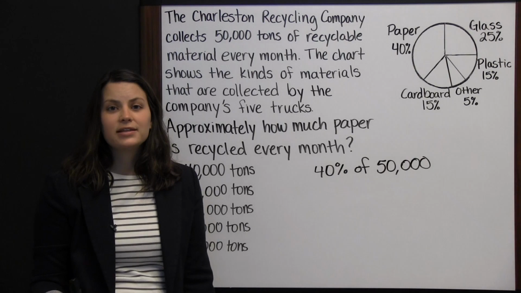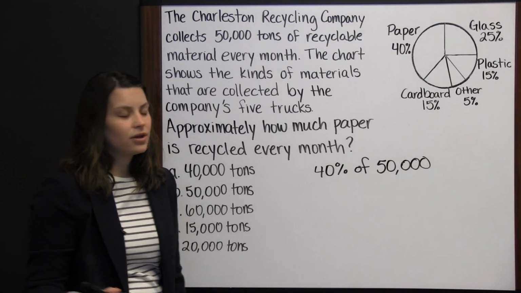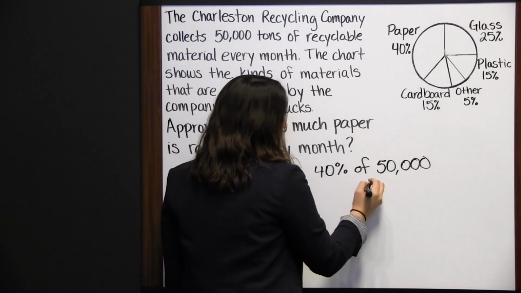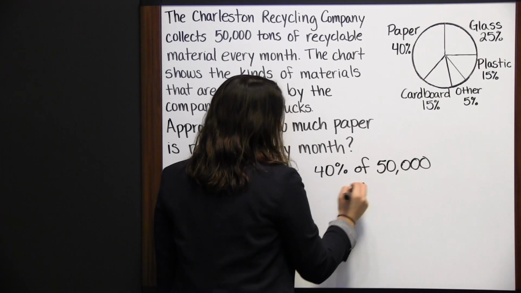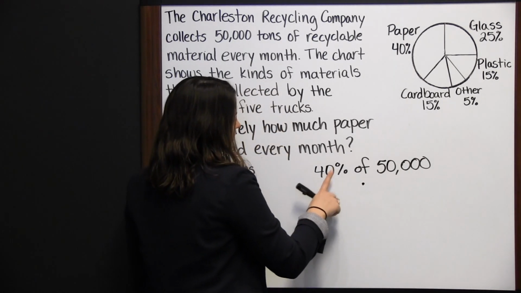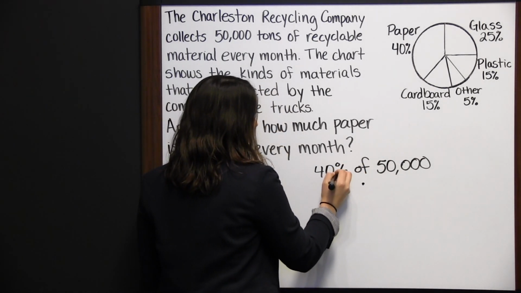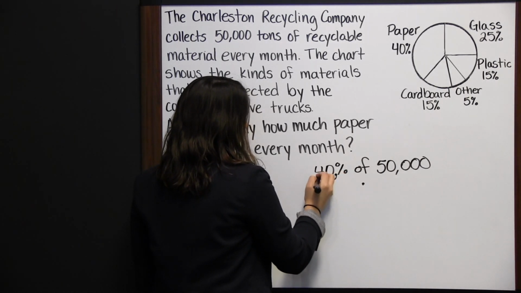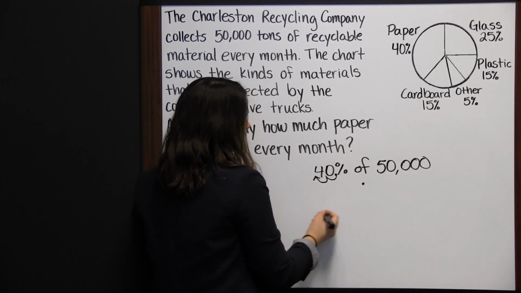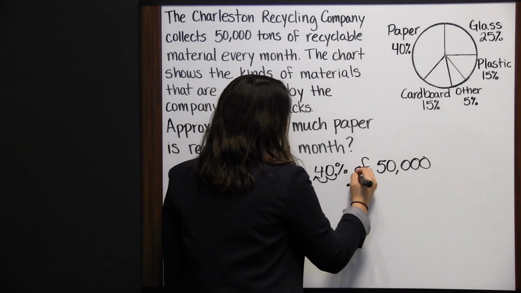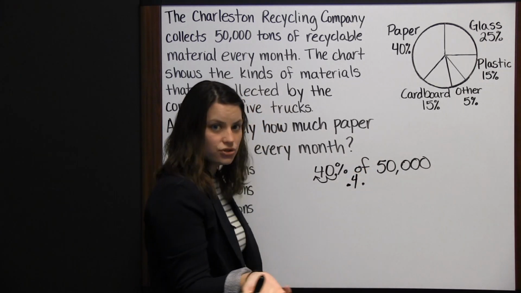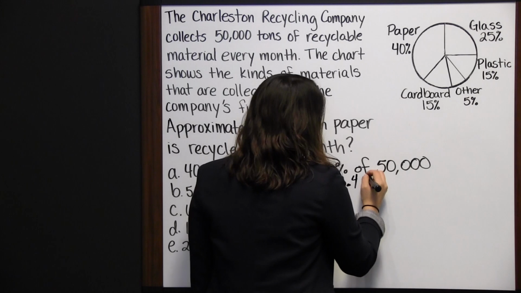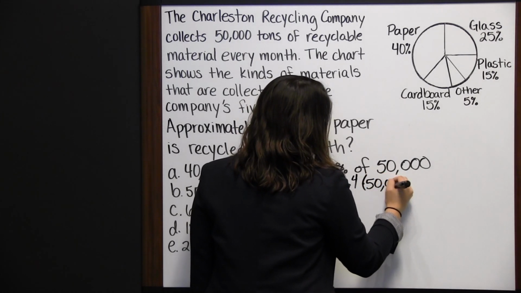And that's what we want to find, is how much is that? Well, of means to multiply. And I'm going to multiply 40% and 50,000, which means I need to change 40% to a decimal. So move the decimal 2 places to the left. So I'm actually multiplying 4/10, or 40/100ths, it's the same thing, times 50,000.